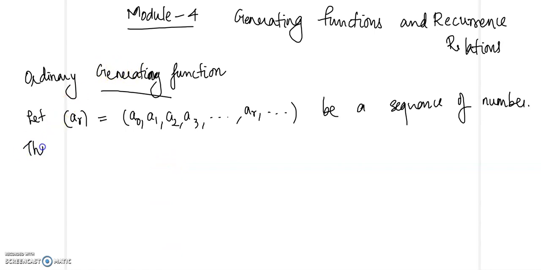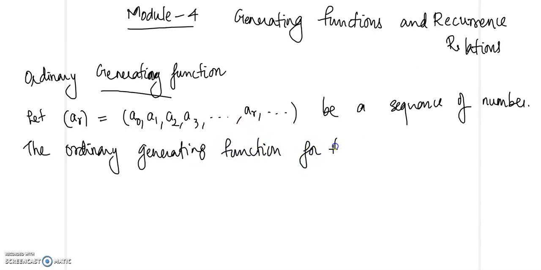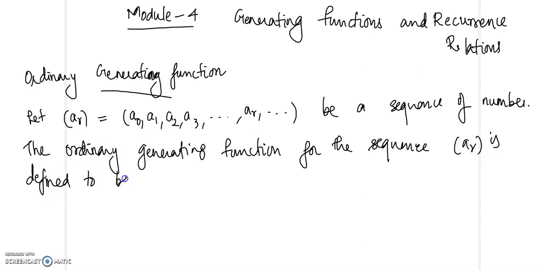So the ordinary generating function for the sequence a_r is defined to be the power series.